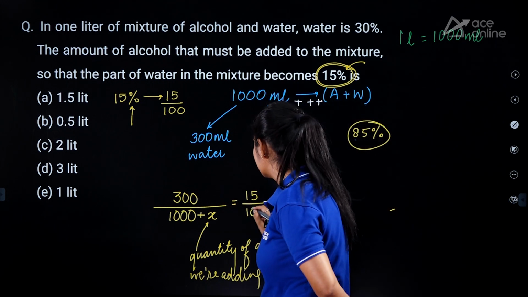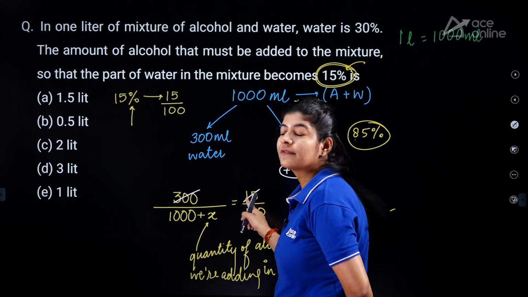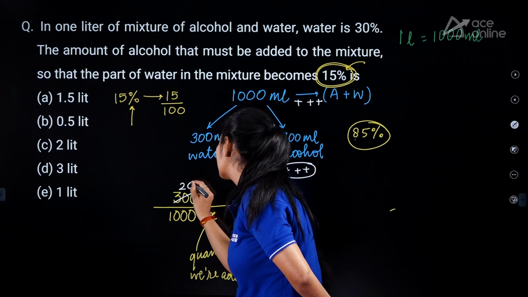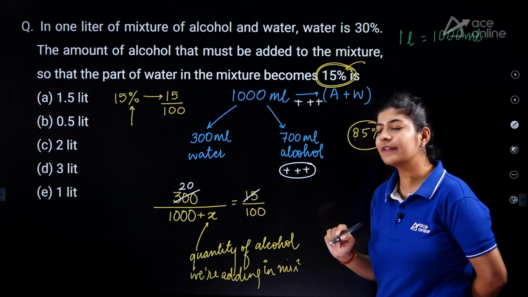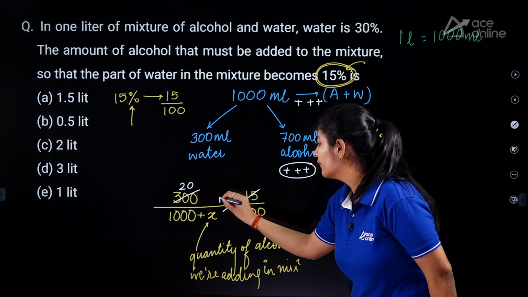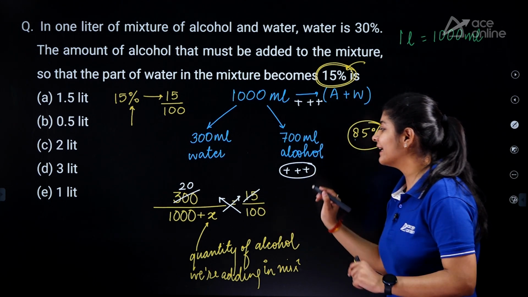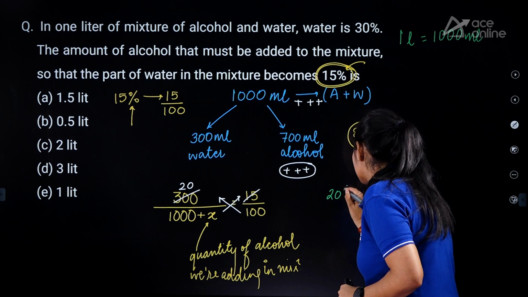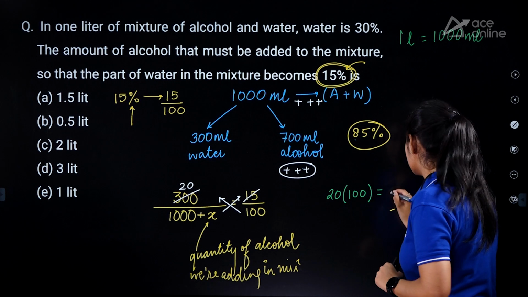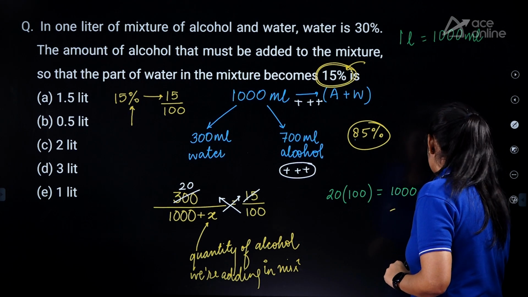So we can eliminate this 15 and this 300, because 15 into 2 is 30. So basically here we are getting 20. We are just doing the cross multiplication over here, and we can write 20 into 100 equals 1000 plus x.